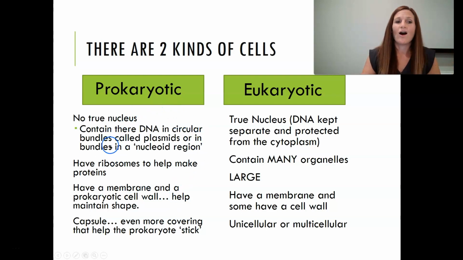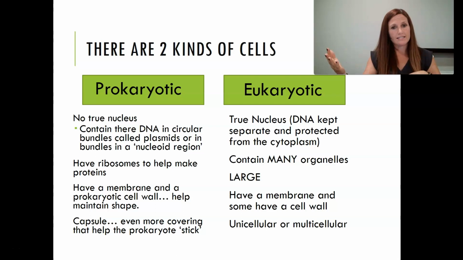Bacteria are prokaryotic. Also, another group called archaea that you maybe are not familiar with are considered prokaryotic. So these are both kinds of cells that are prokaryotes. They do not have a true nucleus. They don't have very many organelles, and they're very, very small.